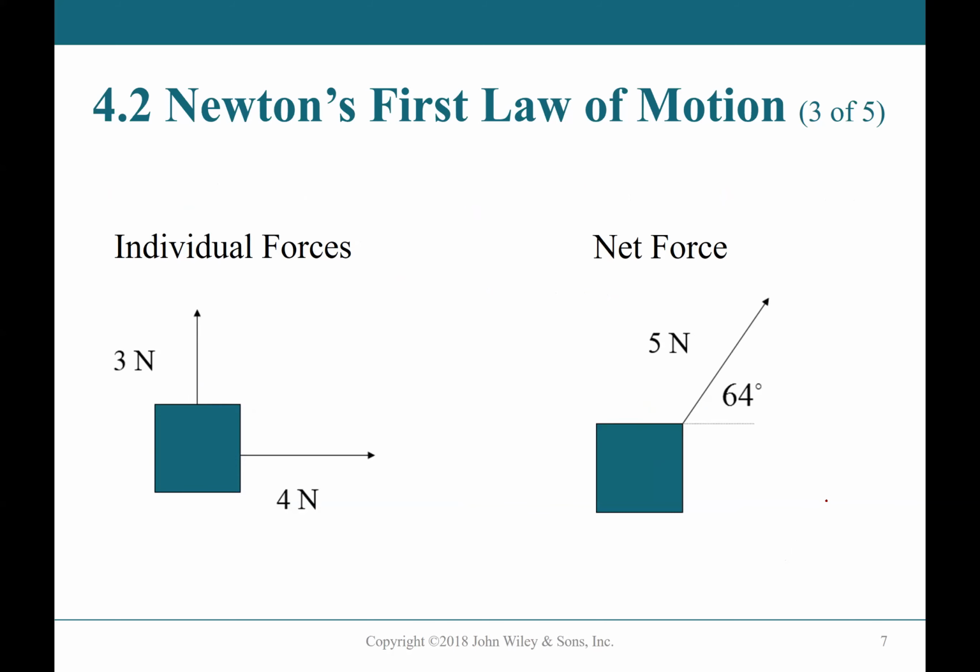So we also learn what happens when a force has components, or in this case, as you can see, these two forces are acting perpendicular to each other. One is going directly north, the other is going directly east, and therefore we have a net force.